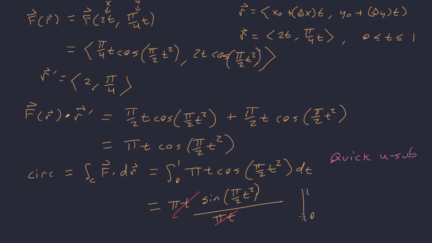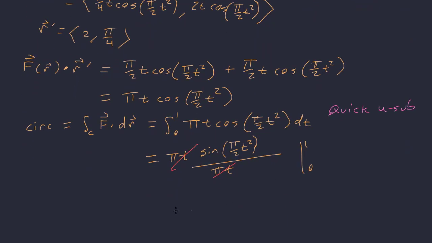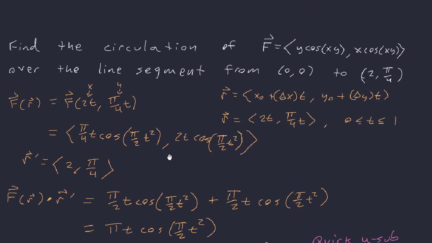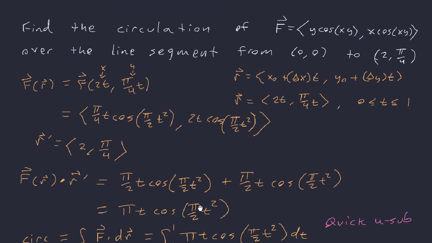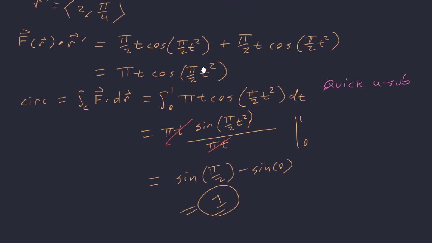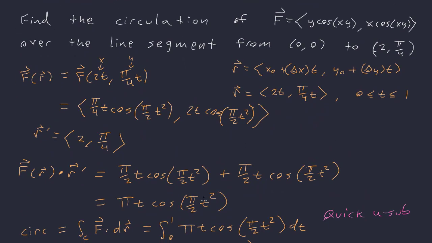We're going to be evaluating this from 0 to 1. So we'll get sine of pi over 2 minus sine of 0, so it comes out to just be 1. As we can see, this is not terrible. So this is without the fundamental theorem of line integrals.